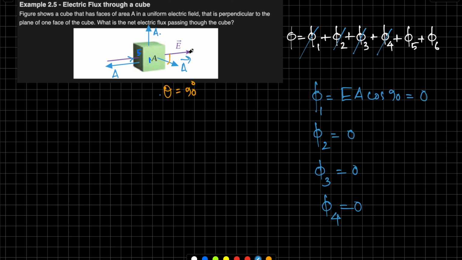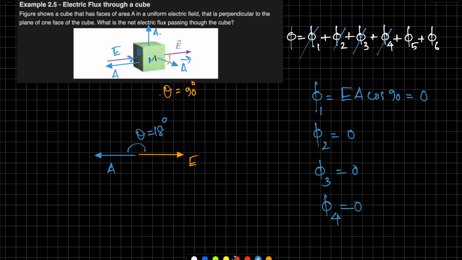You can see it's pointing to the right. What's the angle between them? This is the electric field vector pointing to the right, and this is the area vector pointing to the left. They're in the opposite direction, so the angle between them is 180 degrees.